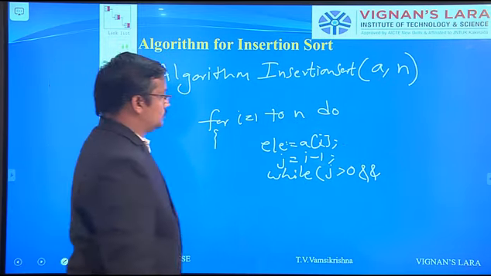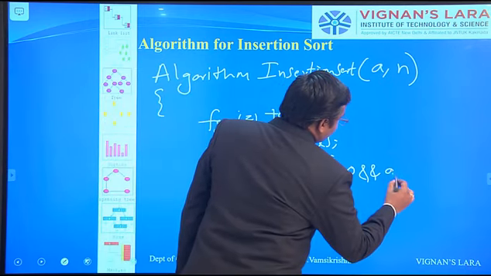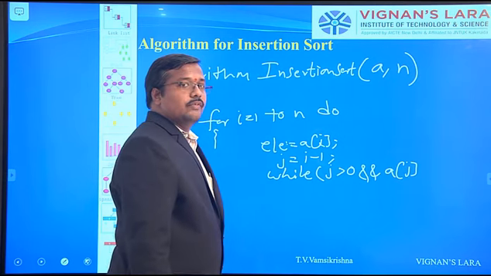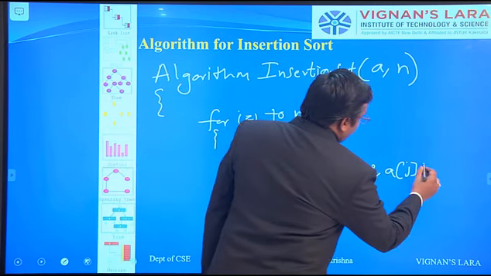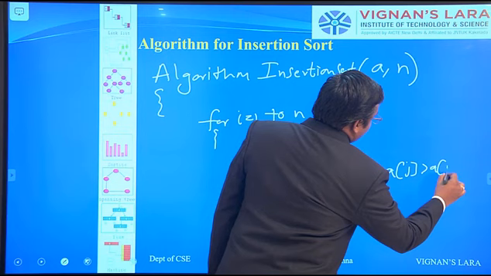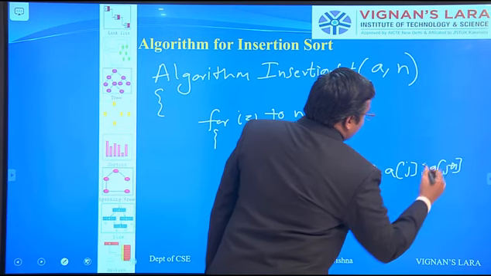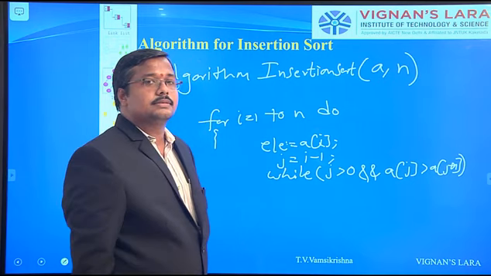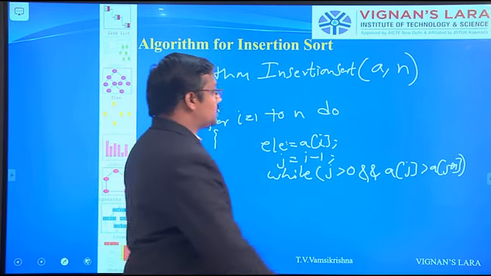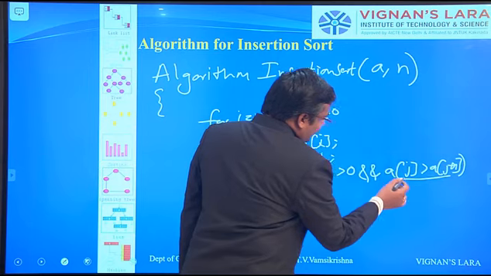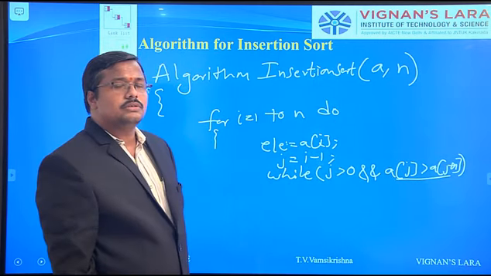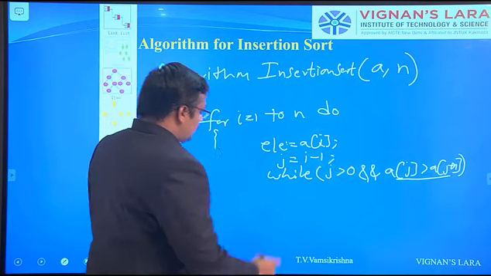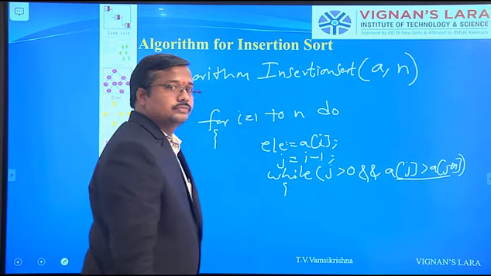Entering into this condition. Next, A of j compared with A of j plus 1. We need to compare these two things. In some algorithms, they put the key internally instead of A of j plus 1. Whatever it is, no problem. So what happens at the time?